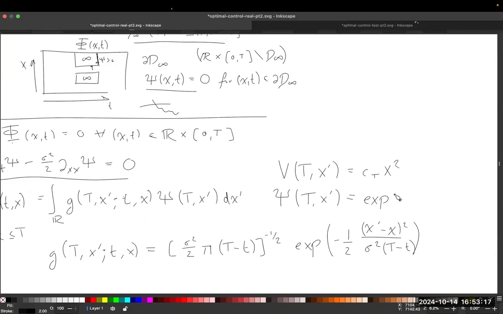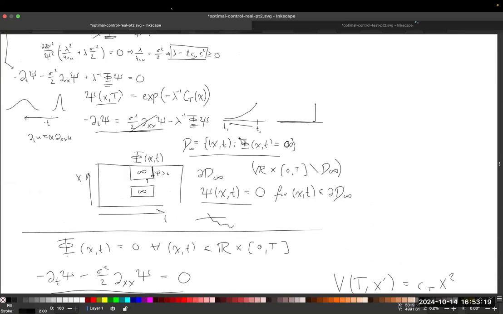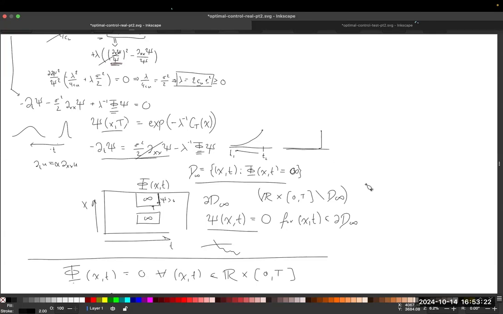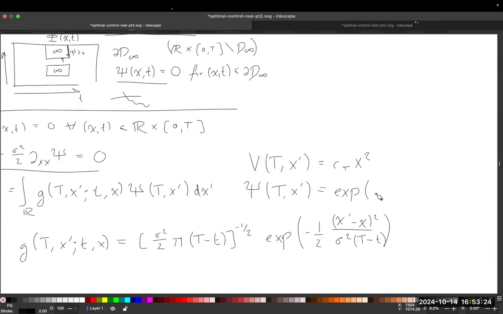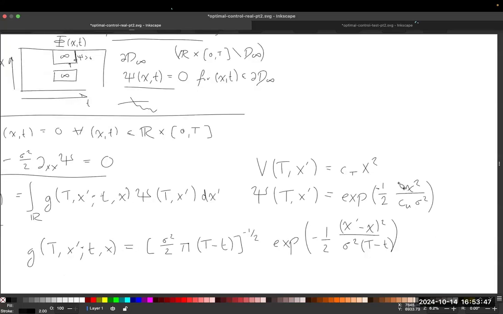And let's write out what inverse lambda is, which is 2 c_u over sigma squared. So, write it like minus 1/2 x squared c_u over sigma squared times c_T. Yes, times c_T. Right, yes, from this right here, times c_T.